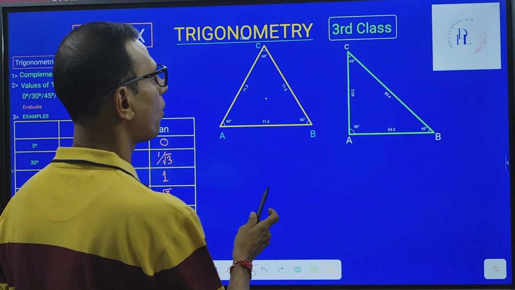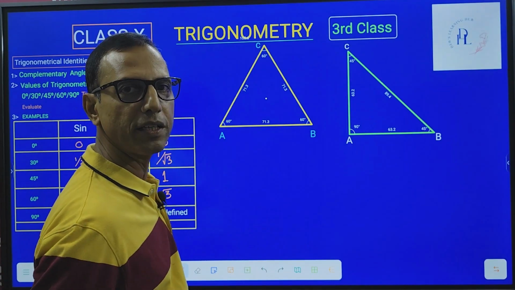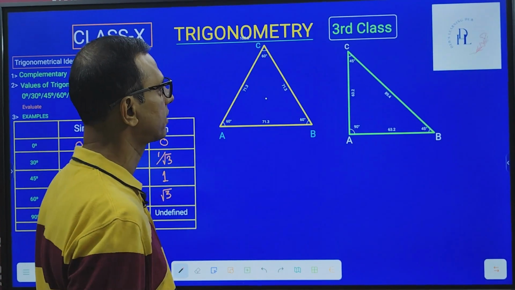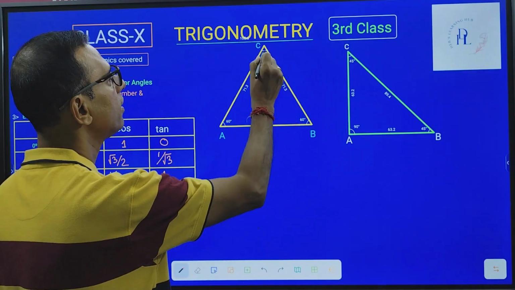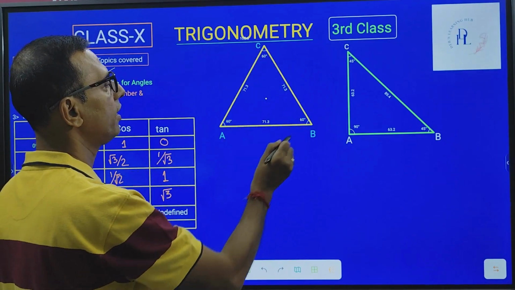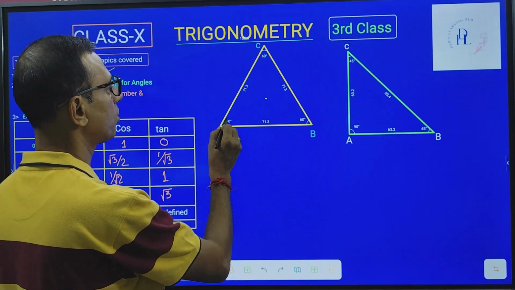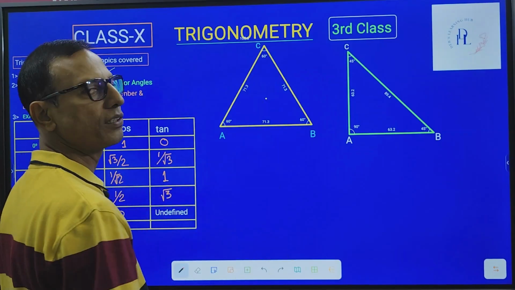Okay, so to find the values for 60 degree and 30 degree, sine 30 and sine 60, let's assume this is an equilateral triangle, right? In an equilateral triangle, all the angles are 60 degree.